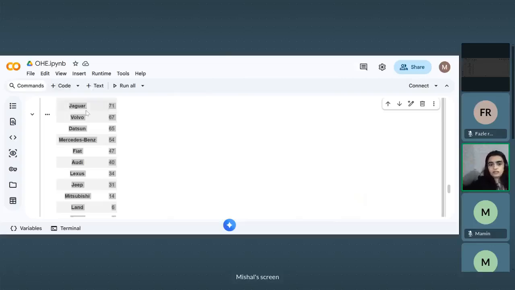If it is a Jaguar, we will consider that it is from the rare cars column, so the rare car column will be 1 and all others will be 0. If it is a Jeep, we will consider it a rare car, so it will be 1 and all others will be 0. So we are still retaining all the samples, but it is not taking that much space, or that much time to process.